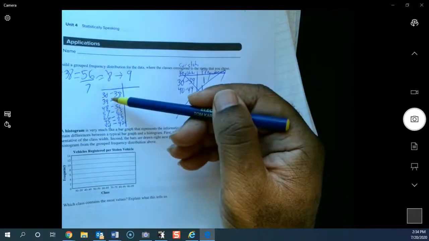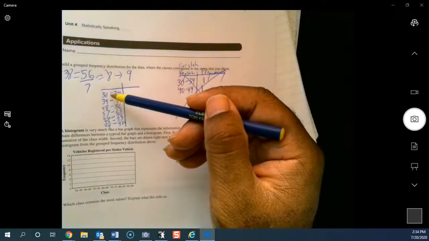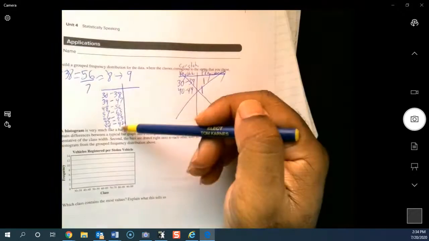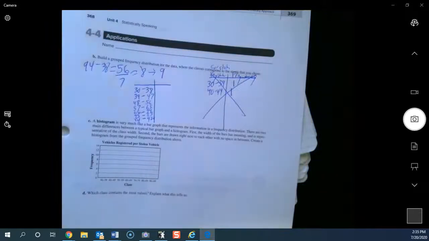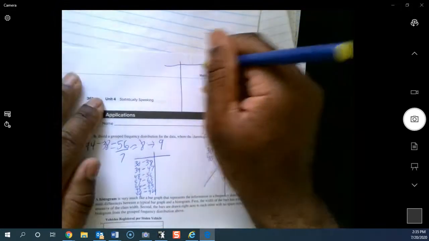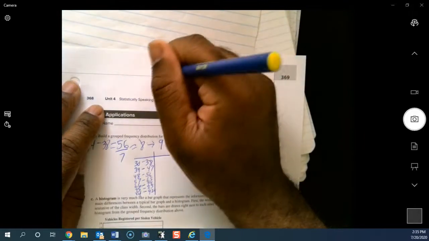Now 9 could work if I had started with 31, but I started with 30. So if you notice here, it went all the way to 92. I'm going to go up here to the top because this was a little error. We're going to have to start with 31 instead of 30. So we start with 31 and go by 9s.